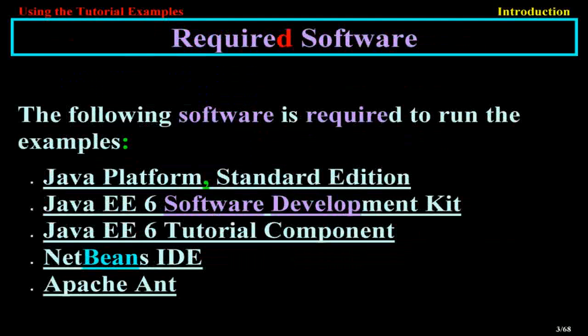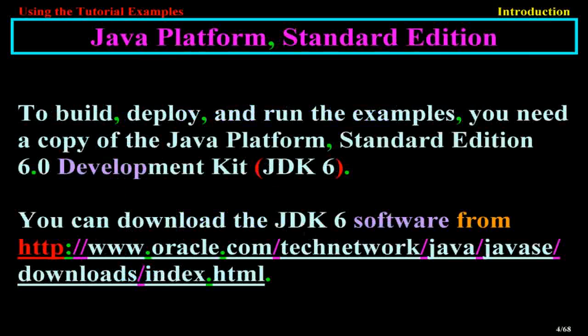Required software. The following software is required to run the examples: Java Platform, Standard Edition, Java EE 6 Software Development Kit, Java EE 6 Tutorial Component, NetBeans IDE, Apache Ant. Java Platform, Standard Edition. To build, deploy, and run the examples, you need a copy of the Java Platform, Standard Edition 6.0 Development Kit, JDK 6.